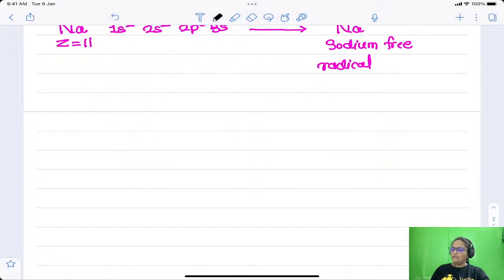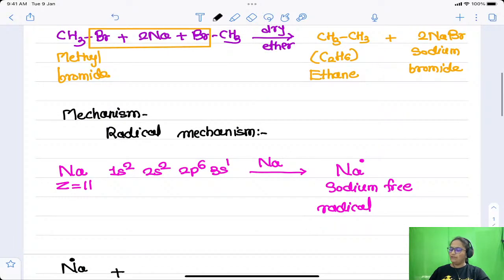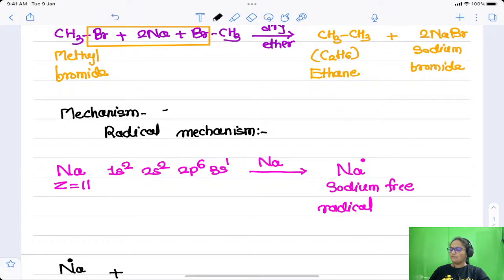So this generated free radical, that is the sodium free radical, will react with the alkyl halide. For the mechanism we'll take the example of the reaction of CH3CH2Br, that is ethyl bromide, treated with two sodium metals.